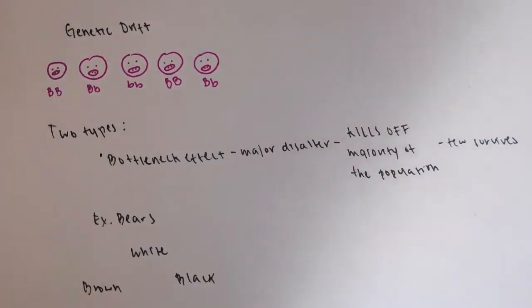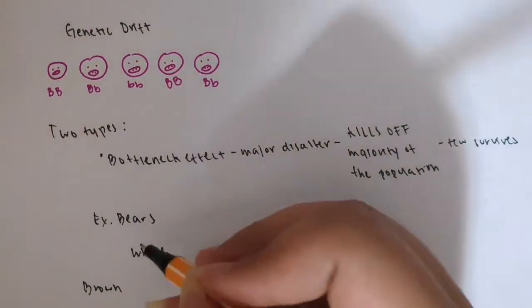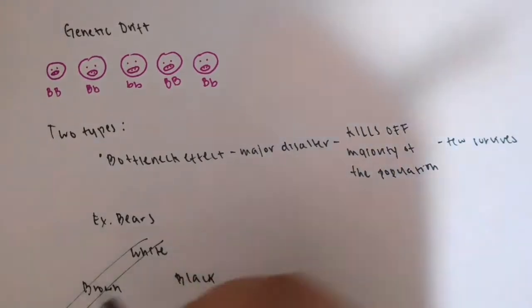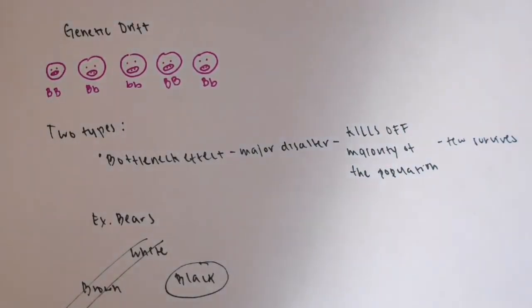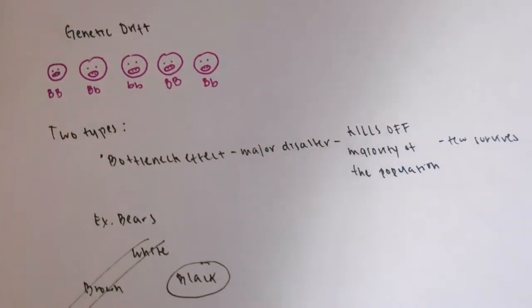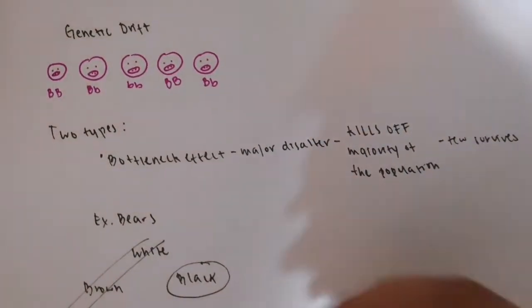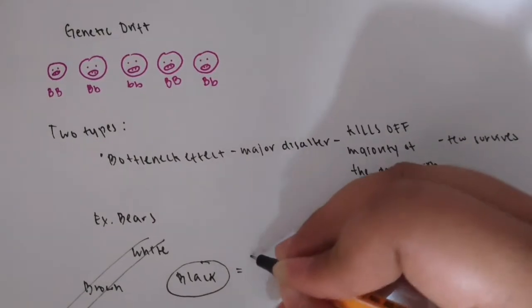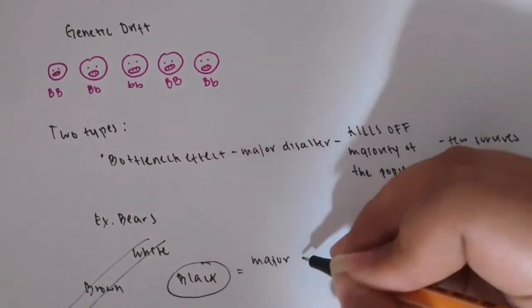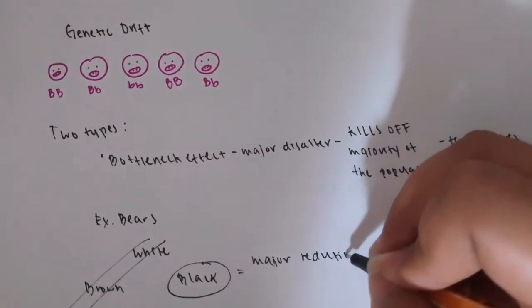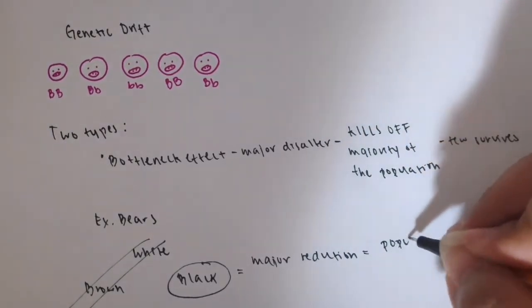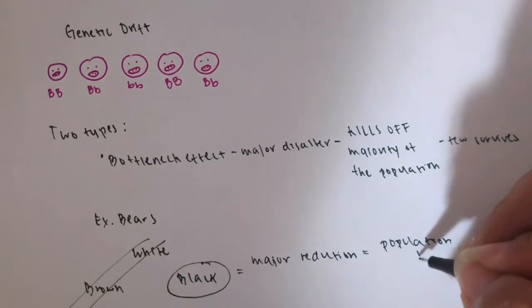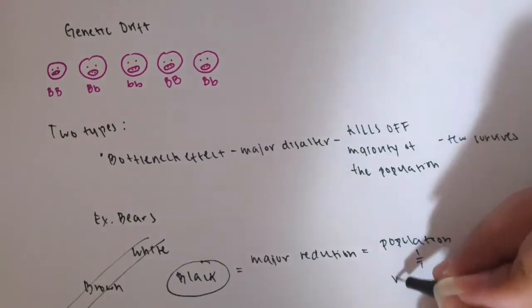And for some reason, the landslide only hits the white and the brown bears, with only the black bear surviving. Because only the black bear survives, there will be a major reduction on the population as well as the variation.